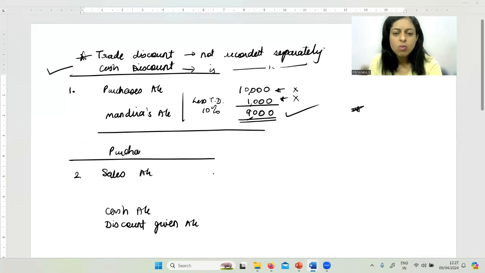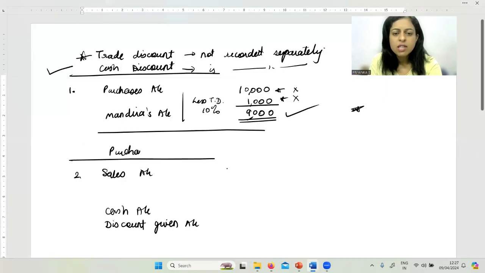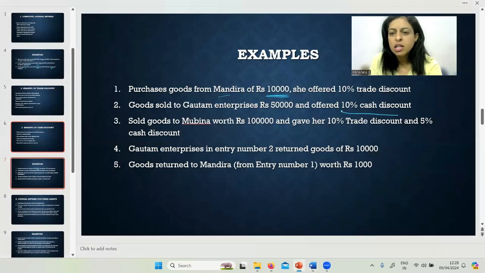Now, sales account, how much will be the sales in this case? Sales are 50,000, correct? Now, am I receiving this 50,000 in cash? No, I am receiving less. How much less am I receiving? If you see, 10% cash discount.